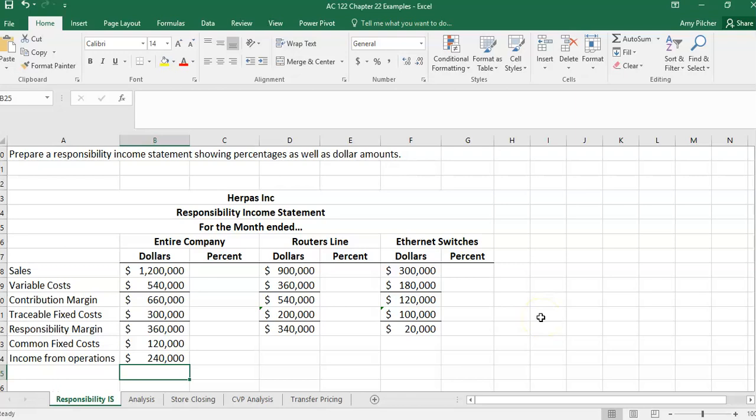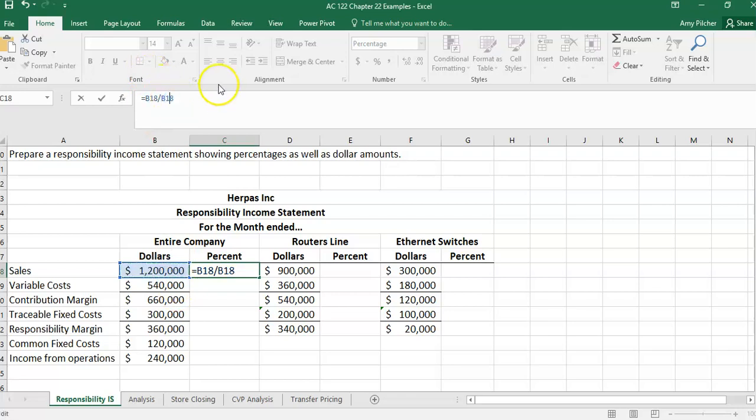So when it says showing percentages as well as dollar amounts, on an income statement, we show percent as they are of sales. So sales is 100% and everything else is what it is as a percentage of sales. So if we take our sales, we would have sales divided by sales.